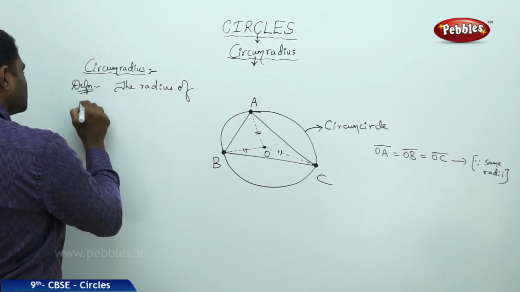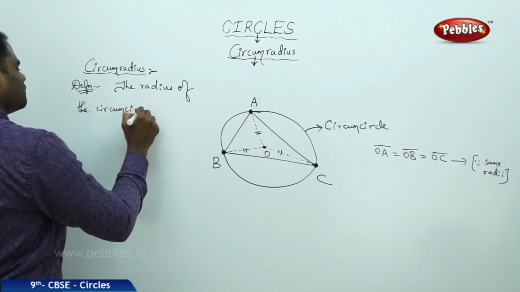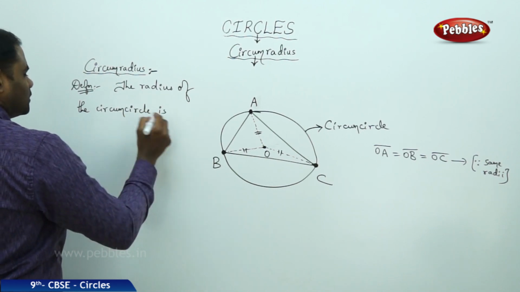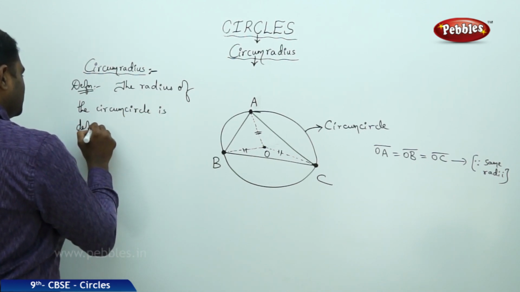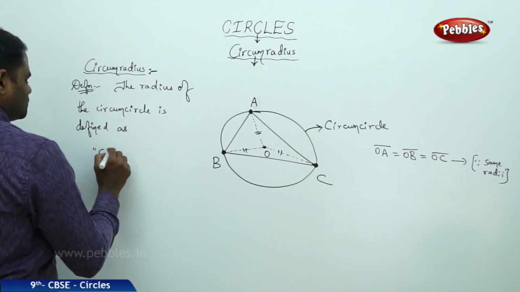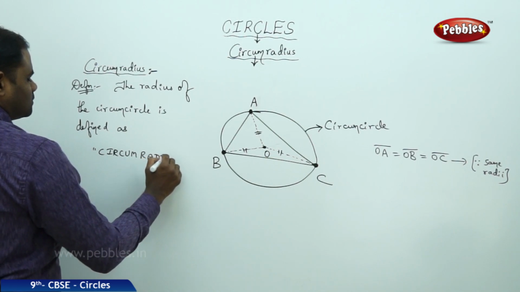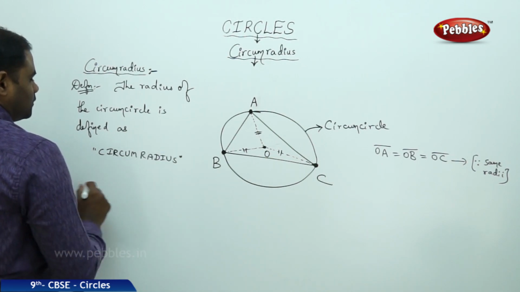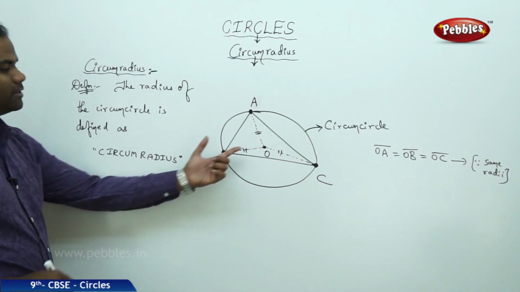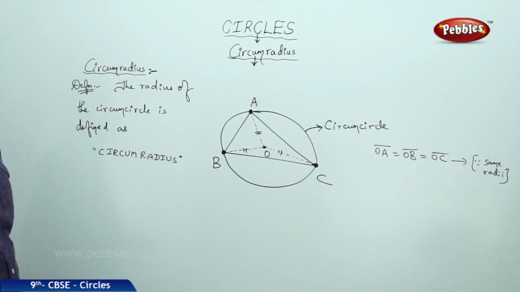The radius of the circumcircle is defined as circumradius. Therefore, we define the radius of the circumcircle is defined as circumradius.